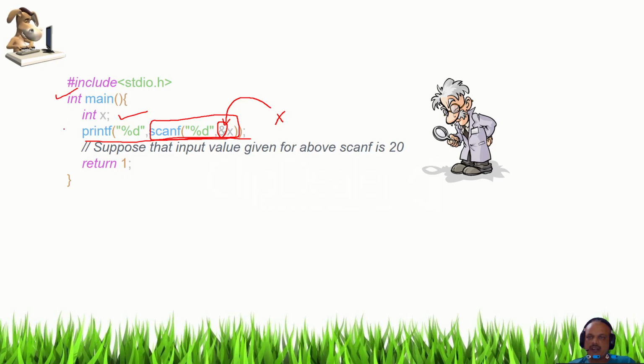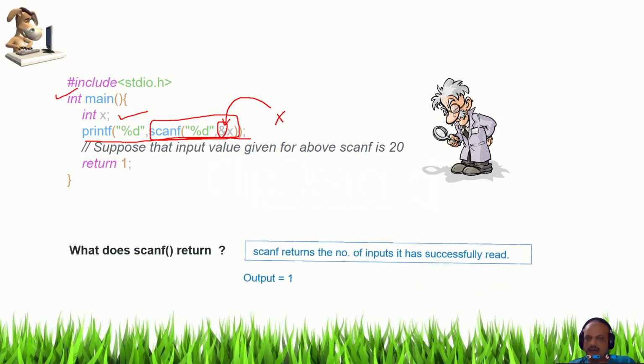So by default every function in C returns something. So what does scanf return? Scanf basically returns the number of data items that it has read. So how much data has been read by this function? It is just one data item, or one variable. So scanf returns 1, and that is what gets printed out in the output.